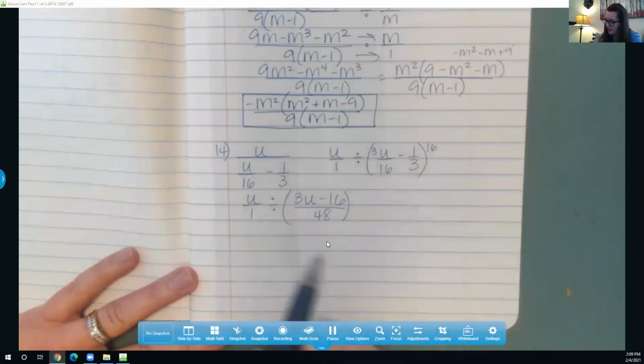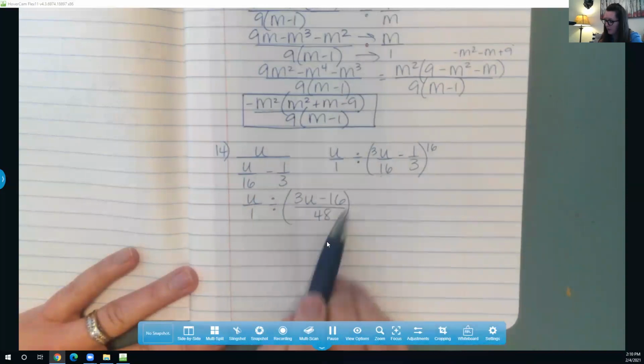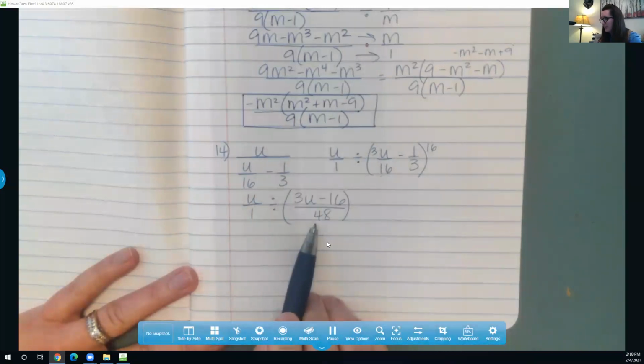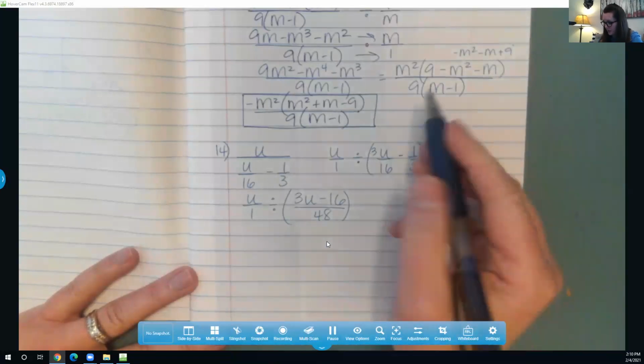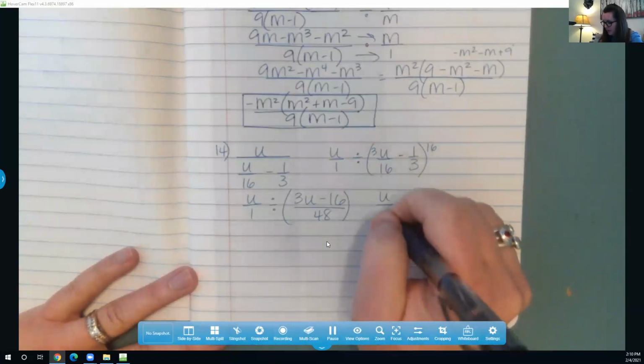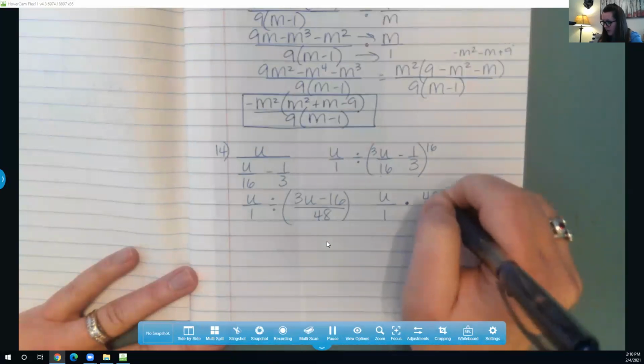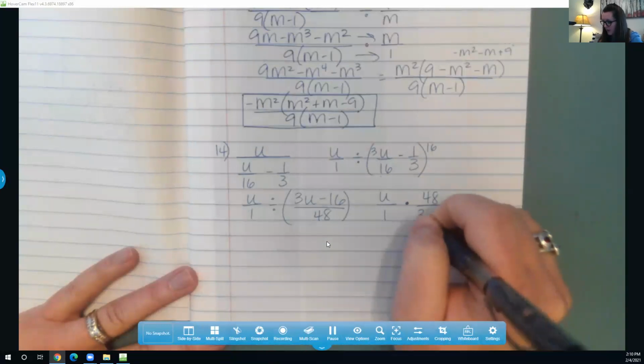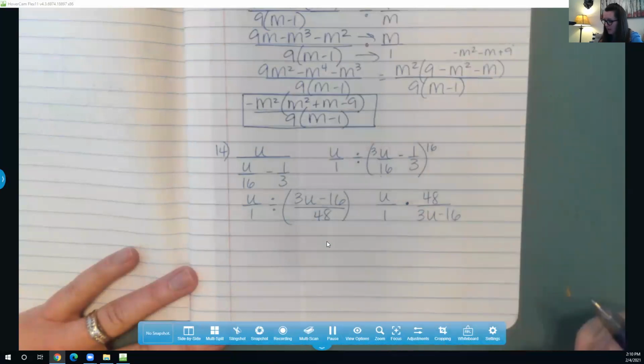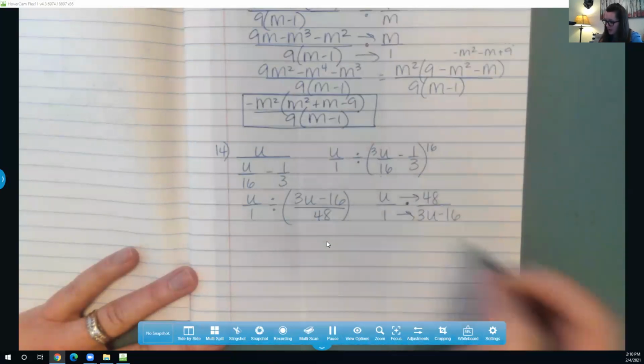All right. Now that I have a single fraction here, I can go ahead and flip and multiply. So I can say u divided by 1 times, flip and multiply, 48 divided by 3u minus 16. So let's just multiply straight across here.